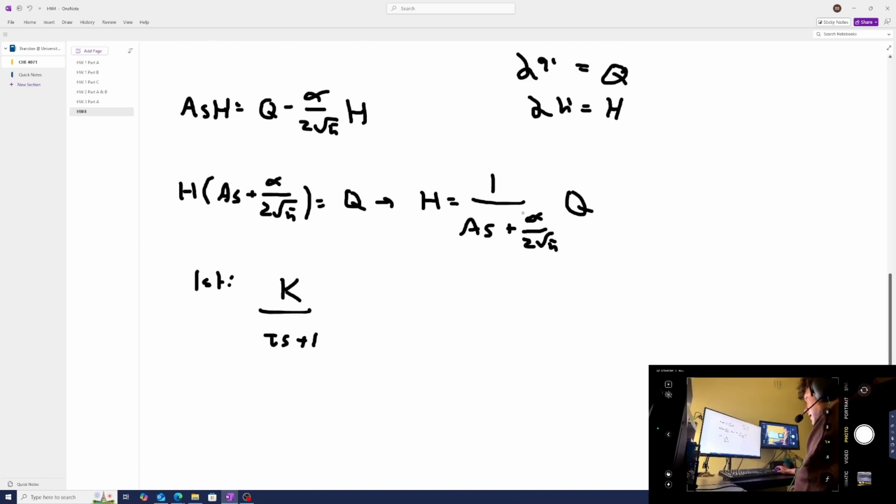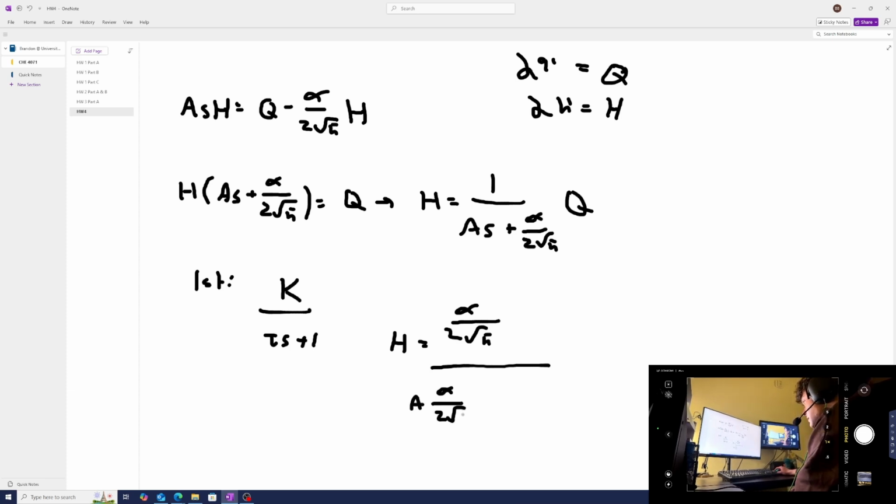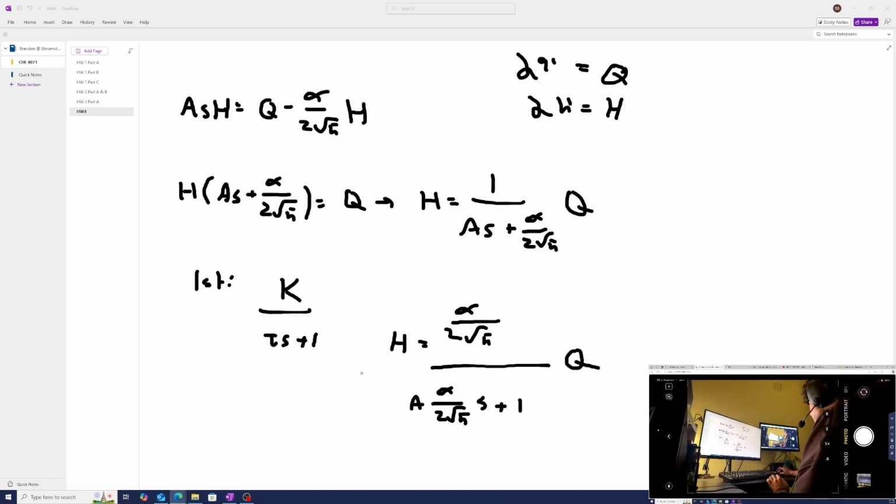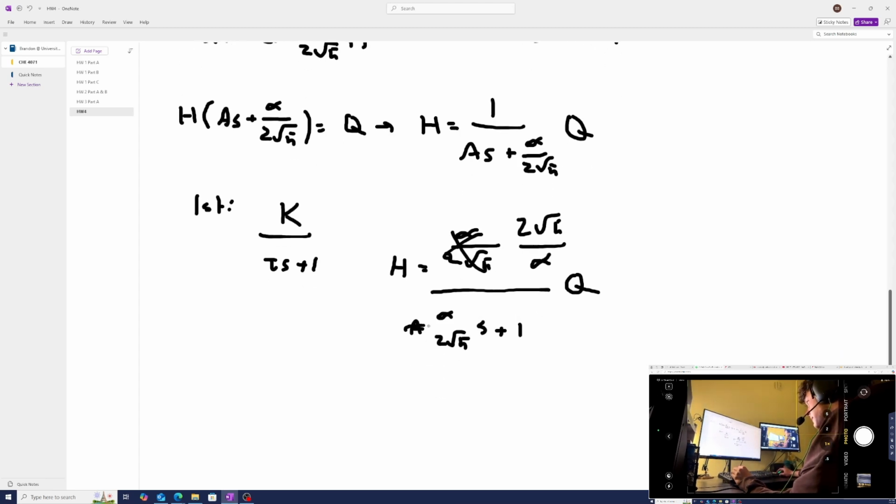So to do that, we divide across by our alpha over 2 square root of h bar, giving us our H is equal to... whoops, since we divided across, these are all switched, so it's 2 square root of h bar over alpha, and then the same thing down here, giving us A times 2 square root of h bar over alpha.